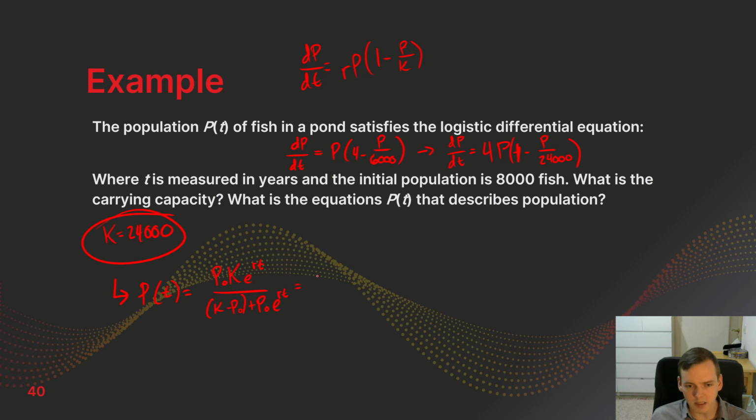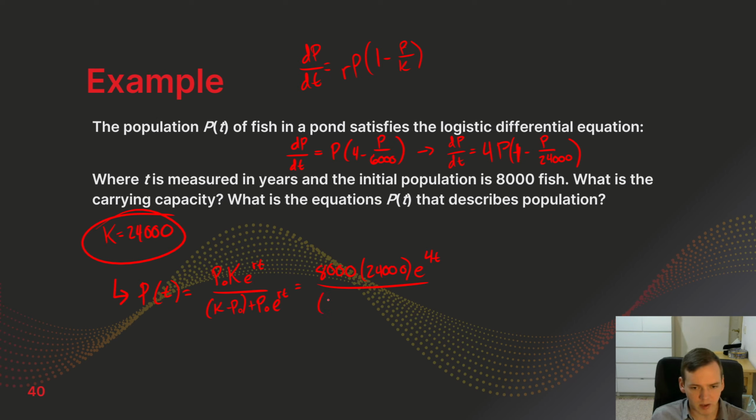So P naught is the initial population of 8,000 fish. And then K is 24,000 fish. 24,000, 8,000, yep. e to the, we found r was 4, so 4t over K minus P naught.